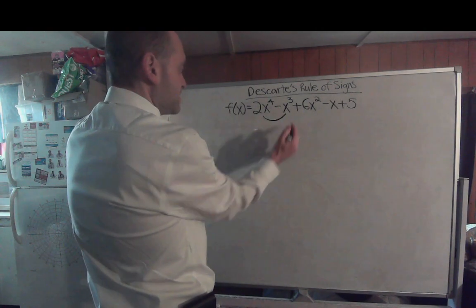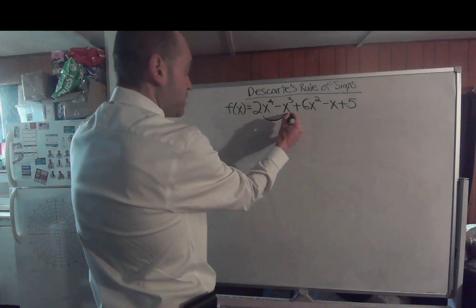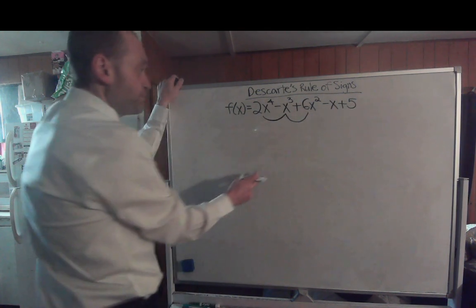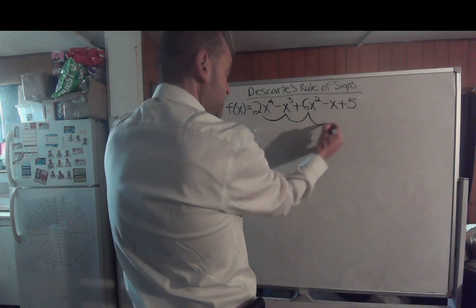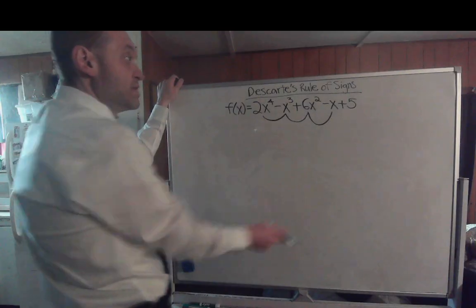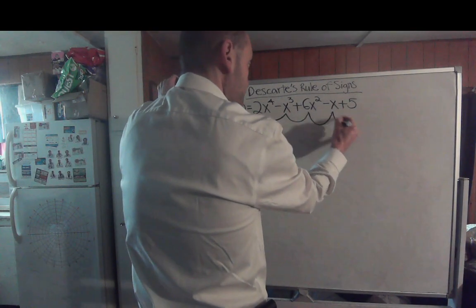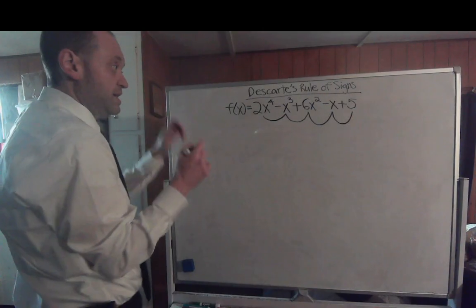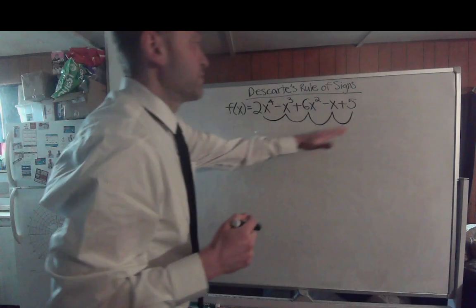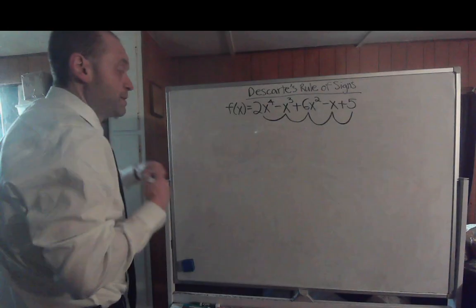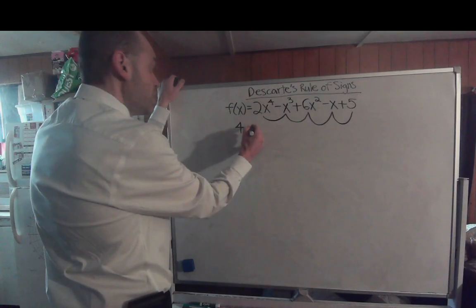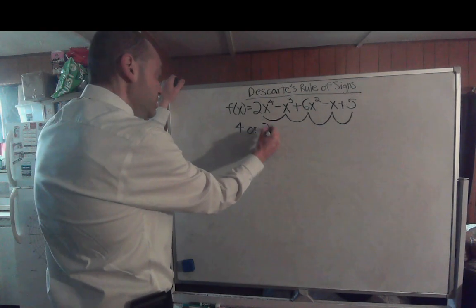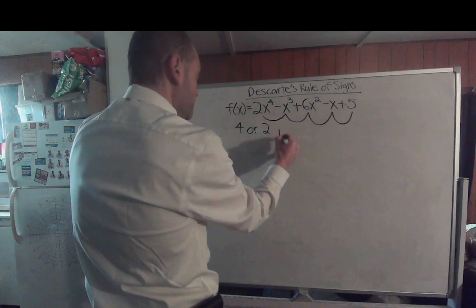From negative x to the third to positive 6x squared, you have another sign change. And then from positive 6x squared to negative x, another sign change. And then from negative x to positive 5, another sign change. Okay, so you can count 4 changes of sign. So that means that there are either going to be 4 or 2 positive real zeros.